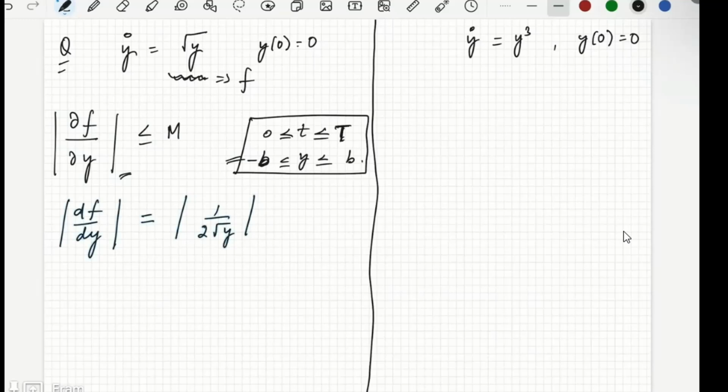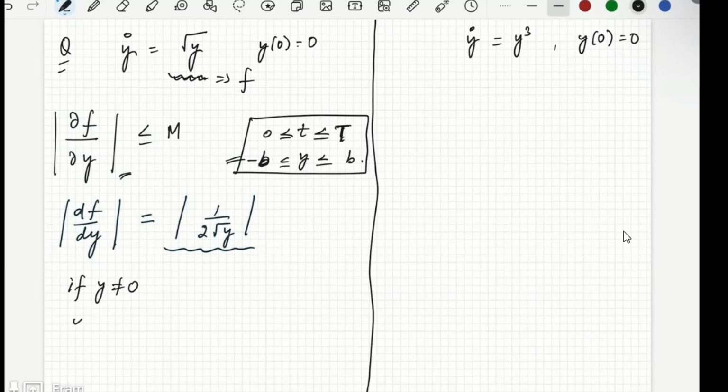At y equals 0, the boundedness fails. Everywhere else, if y is not equal to 0, this partial derivative is defined for all y and it remains bounded.